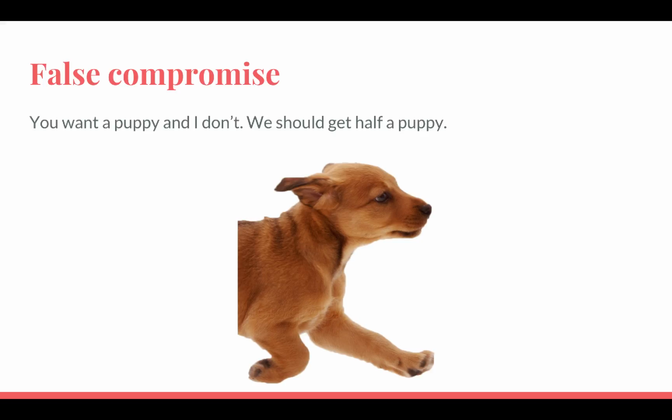That is taking an extreme view of double what you actually want, and then falsely compromising down to the correct data point. And this can be really destructive in that situation in particular, because if you put something that ridiculous on an application, you're likely just to get passed over and never even get an interview to get to your compromise.